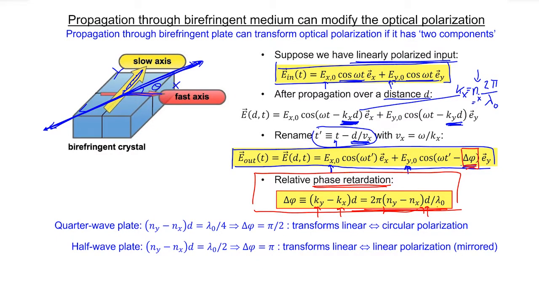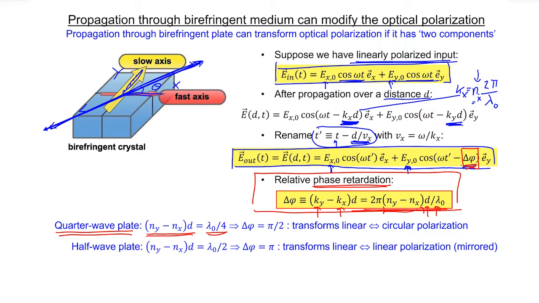Now we distinguish two different types of plates, which are the most convenient types of plates to use. On the one hand, we have quarter wave plates, where the difference in optical path lengths for the two polarizations is precisely a quarter of the wavelength in vacuum.